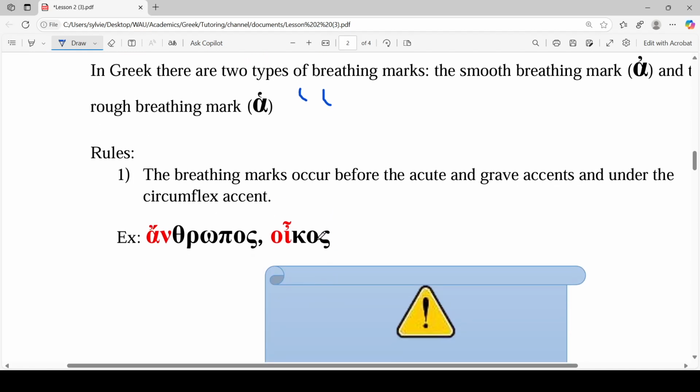As you can see in these two words, our smooth breathing mark precedes our acute accent over the alpha in the word anthropos.